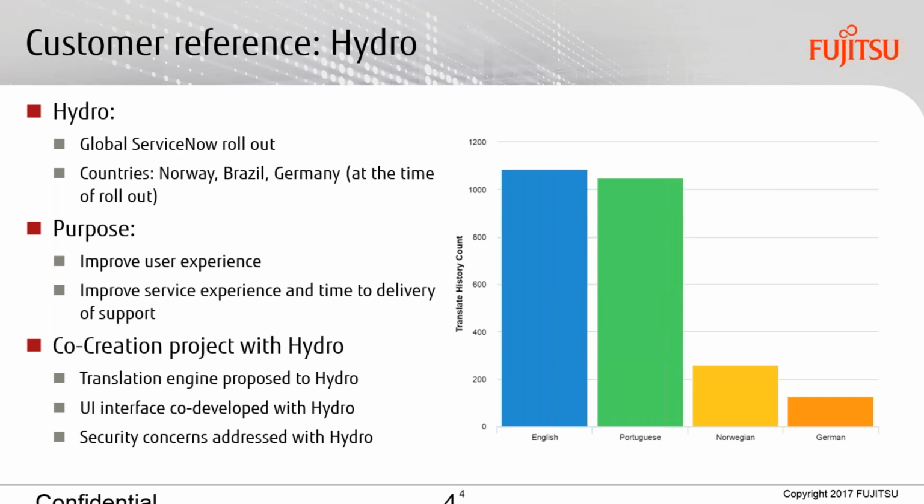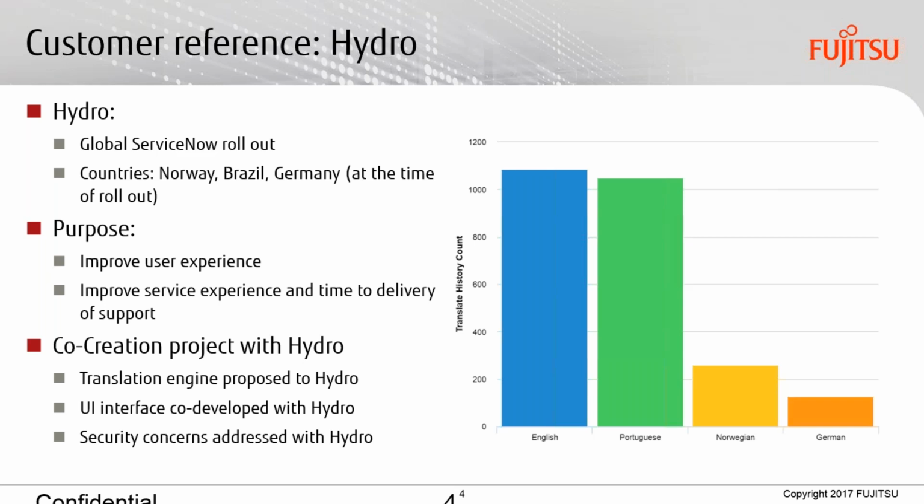The purpose they wanted to use this for was not even driven by the financial business case as much as by the user experience. For them, it was about providing users with an experience where they feel comfortable using the support they get from the central IT.